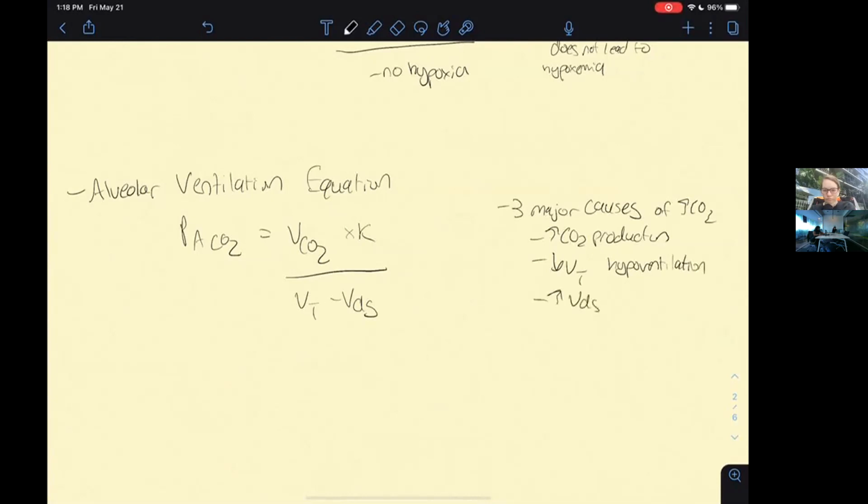That makes sense: with increased CO2 production, you have more CO2; with hypoventilation, you're retaining your CO2; and dead space increases your CO2. So if you manipulate the variables in the equation, it leads to increased alveolar CO2.